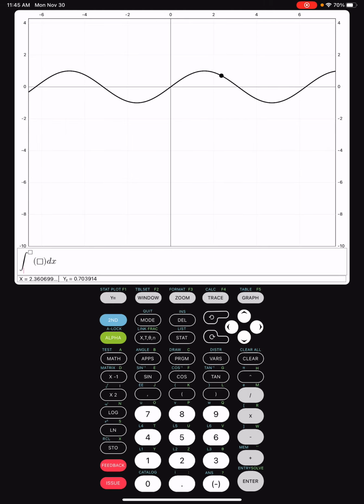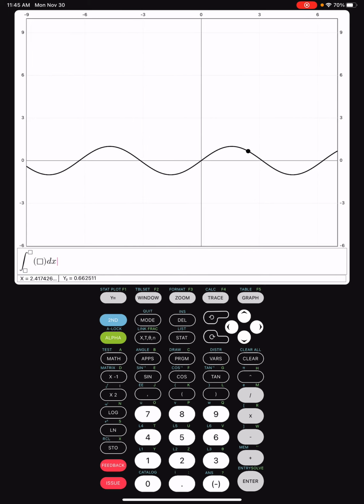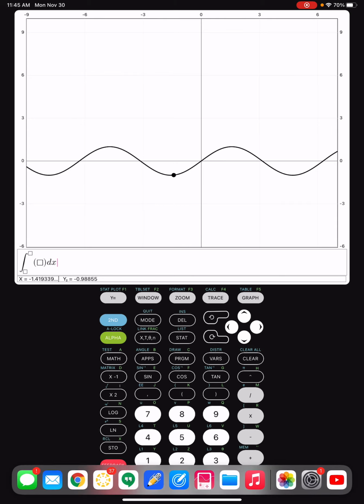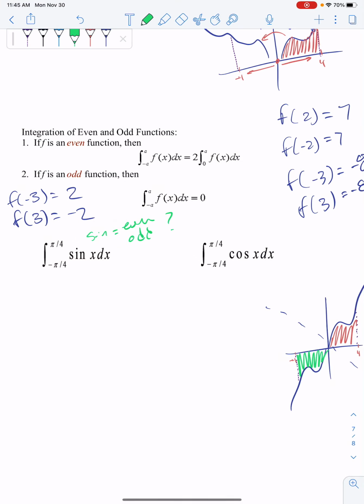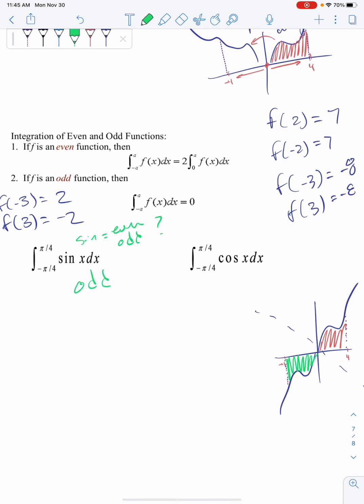If I look at pi halves, then this value is not the same on the other side at negative pi halves. It's the opposite. The positive over here becomes a negative over here. So that means that the sine function is an odd function. So whatever happens on the left and the right is going to cancel each other out.